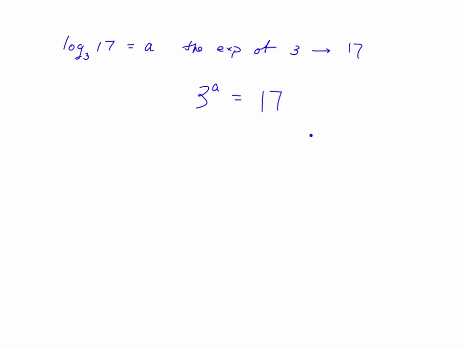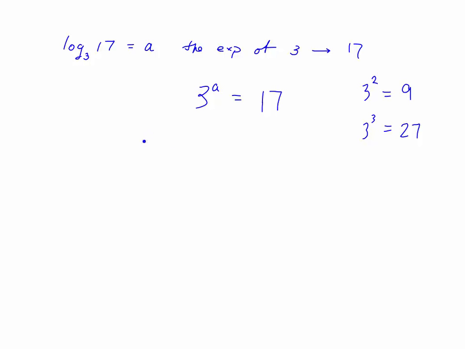Why, Christian? Because 17 is halfway between the square of 3 and the cube of 3, which is 9 and 27. The square of 3 is 9. The cube of 3 is 27. And he's saying, look, it's about halfway between those two. So the exponent would be about halfway between. Yes, somewhere around 2.4.